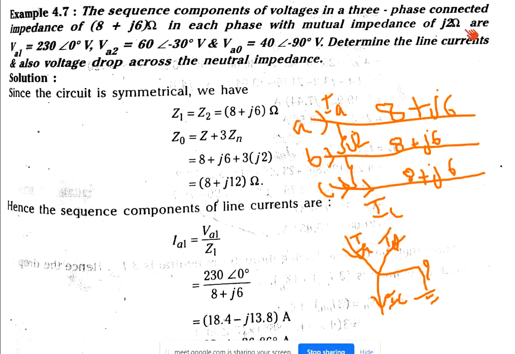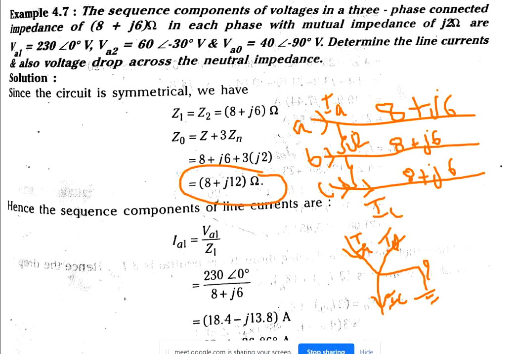So 3 into 2 is 6, and 6 plus 6 is 12. So Z0 equals 8 plus J12 ohms.